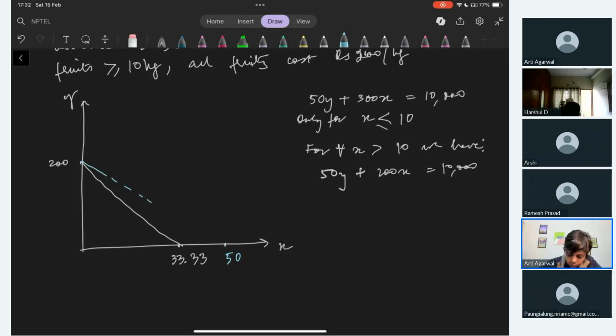Now in this case, we need to know at what point the switchover is happening. Let's draw this in dotted also. So now x is equal to 10 is, say, here. This is x equal to 10.